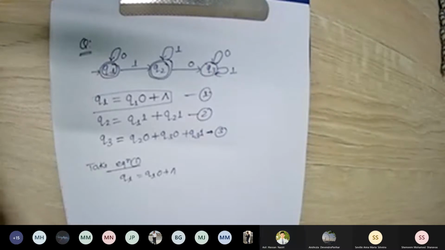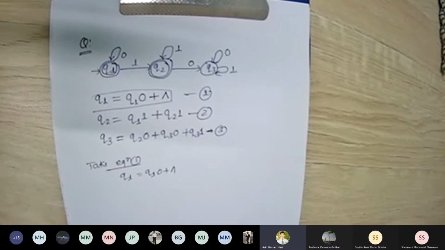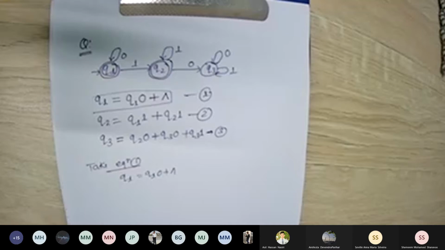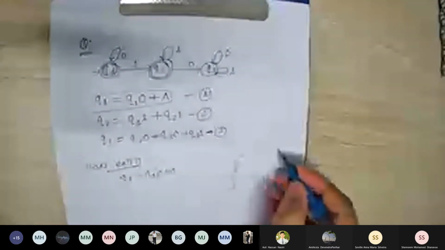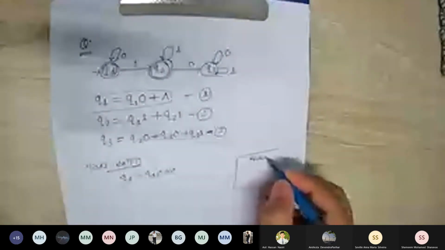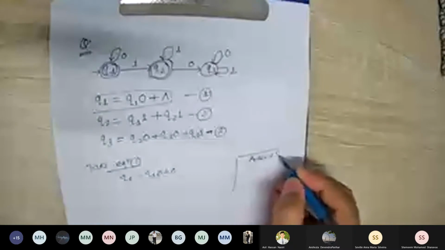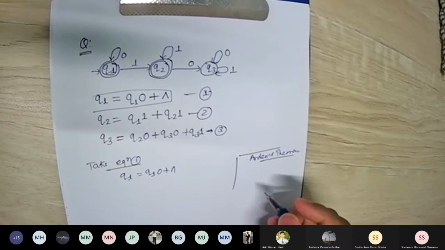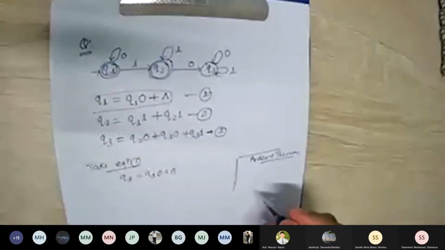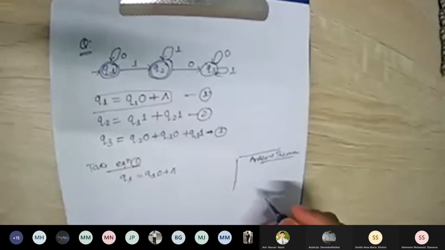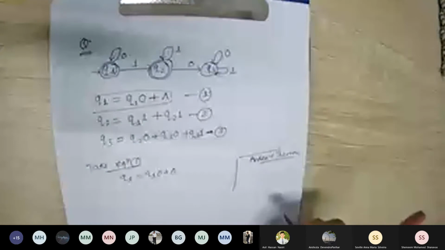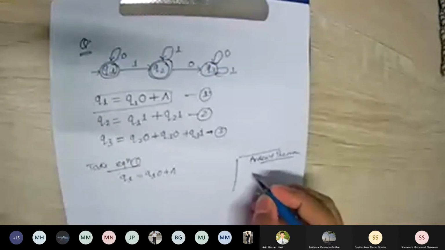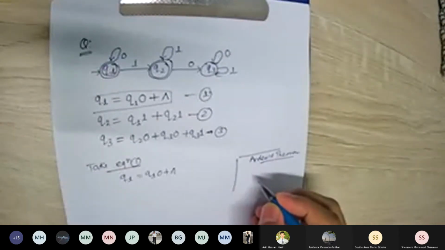I'll just write it here, Arden's theorem, so that you remember these things. Let P and Q be two regular expressions over sigma, and P does not contain epsilon, that is null.